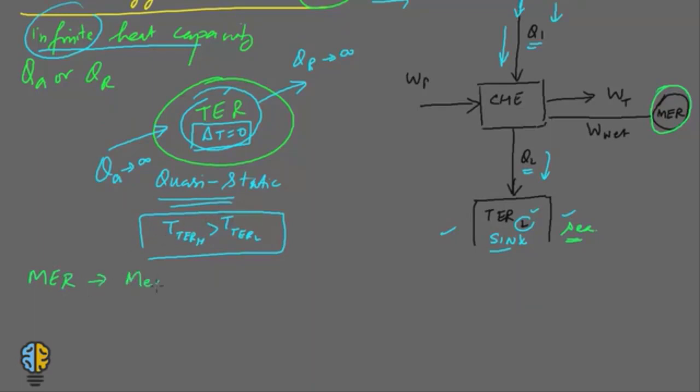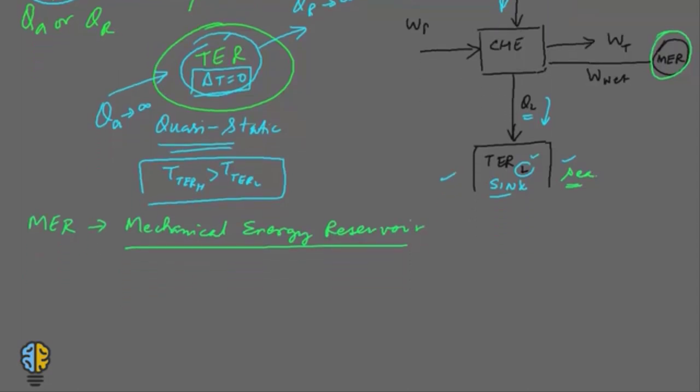This is called a mechanical energy reservoir. Now what is a mechanical energy reservoir? This is a large body which is enclosed by an adiabatic impermeable wall, and it is capable of storing work as potential energy or kinetic energy.